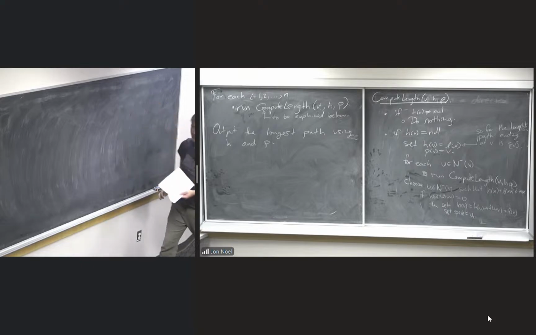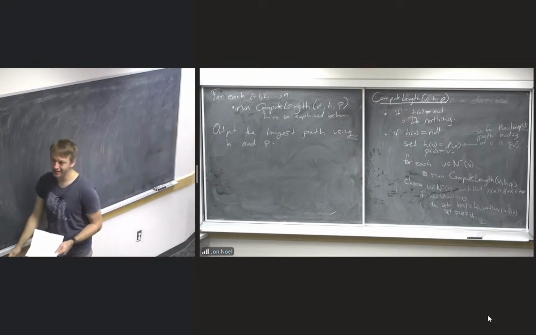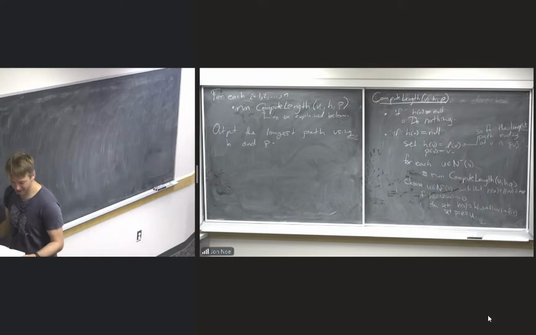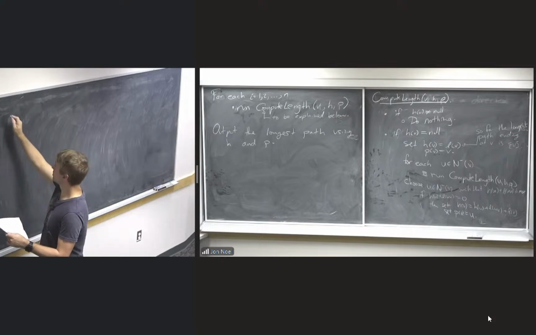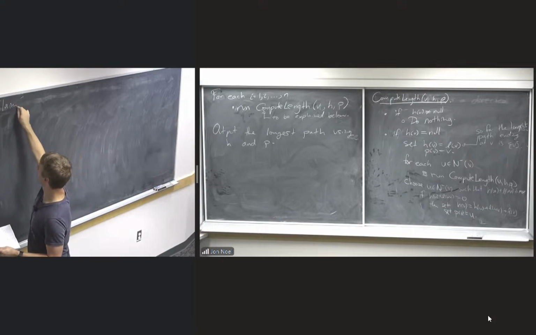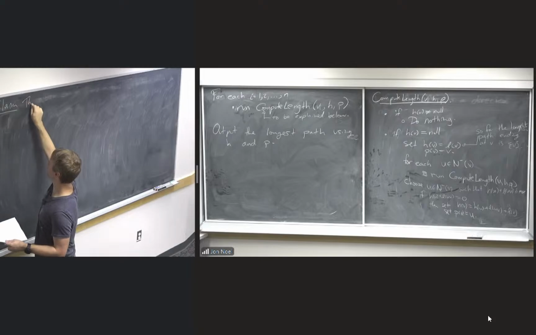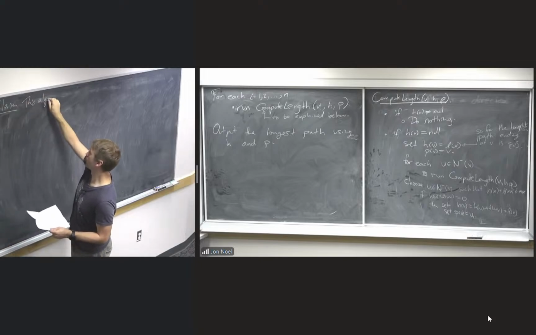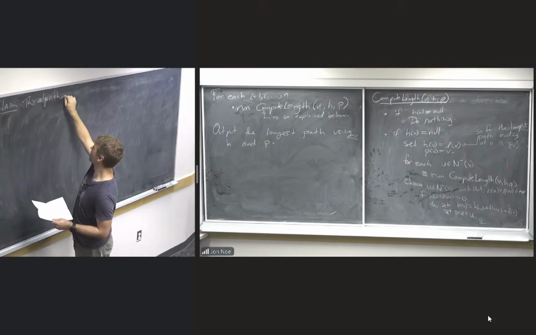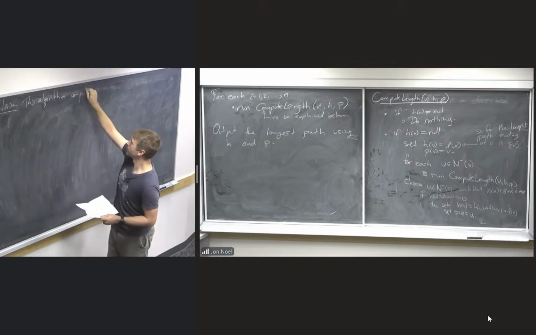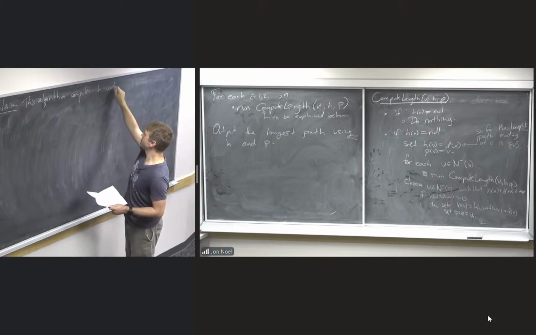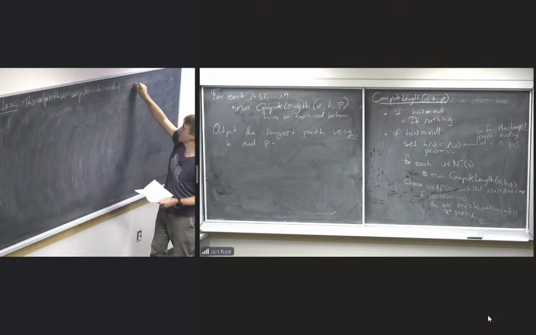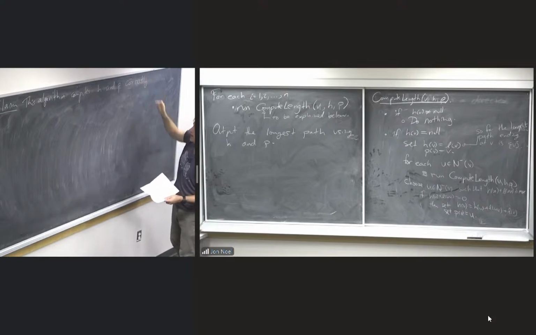So I think it's almost clear by definition that this is a correct algorithm, but let's be careful. So let's claim that this algorithm computes the functions h and p correctly. And if it does that, then it also correctly identifies the longest path.